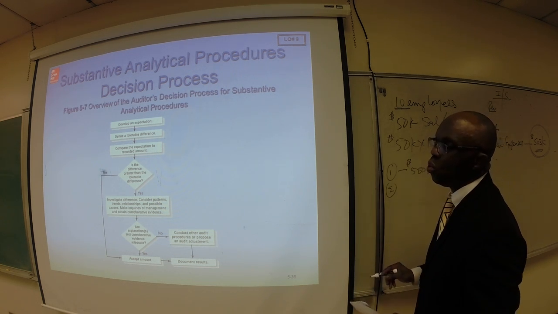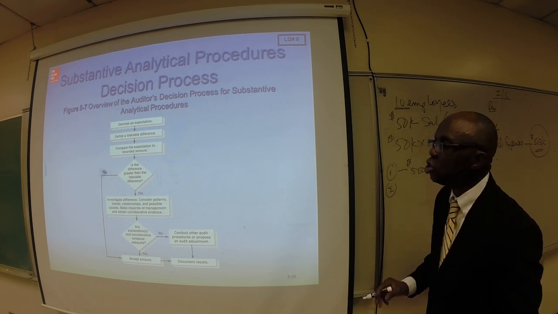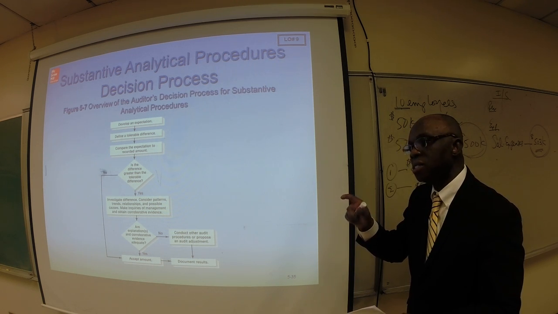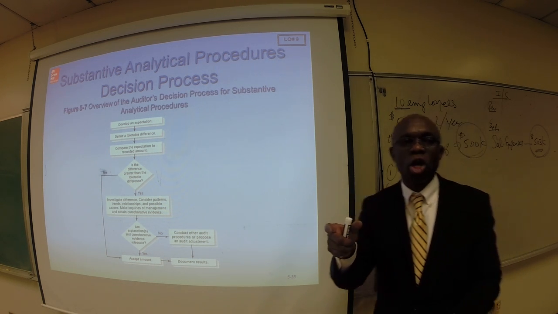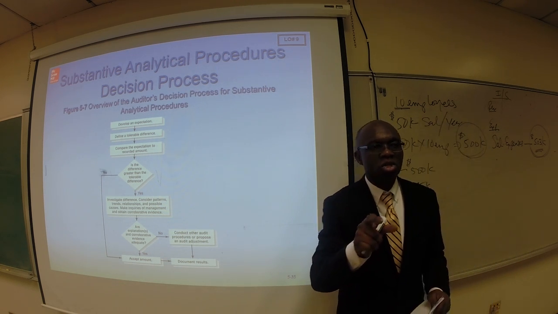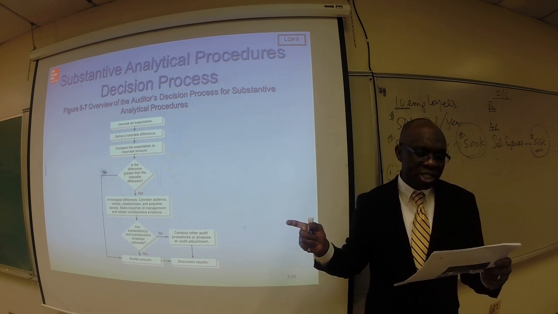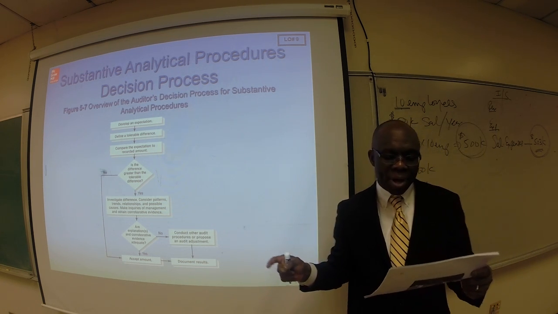Number 2, we define tolerable difference, and our tolerable difference is $5,000. So give and take, plus and minus, if the salary expense recorded is plus or minus $5,000 of $500,000, we are willing to tolerate it. The third thing is, we compare the expectation to the recorded amount.